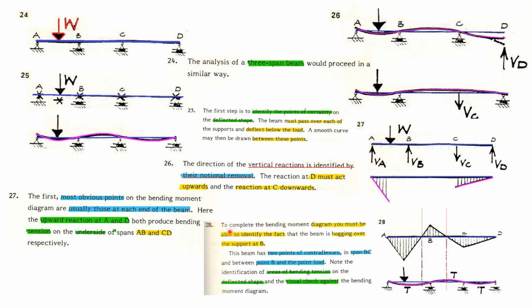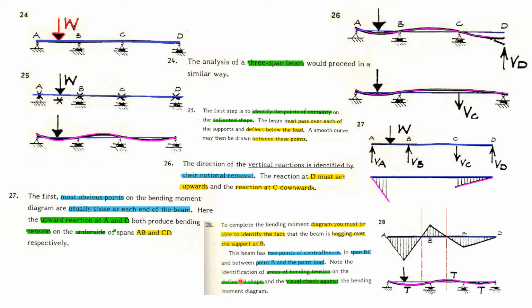Then to complete the bending moment diagram, you must identify the fact that the beam is hogging over the support B. It is hogging over like this.